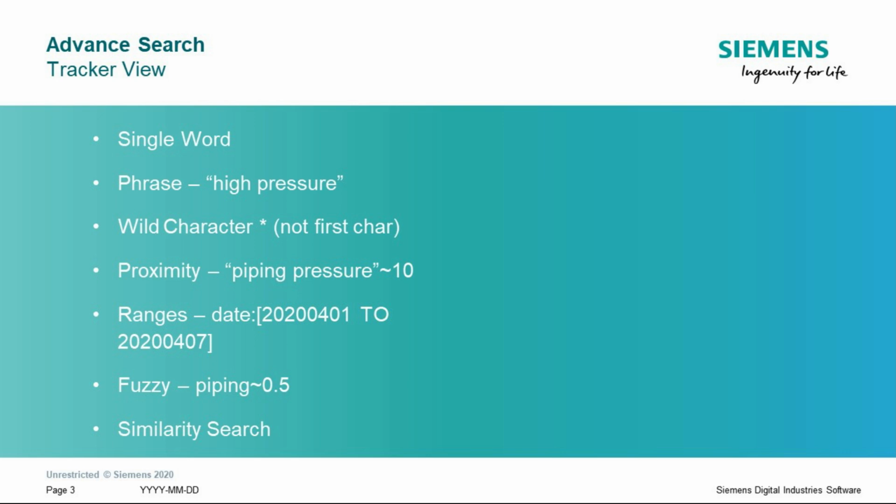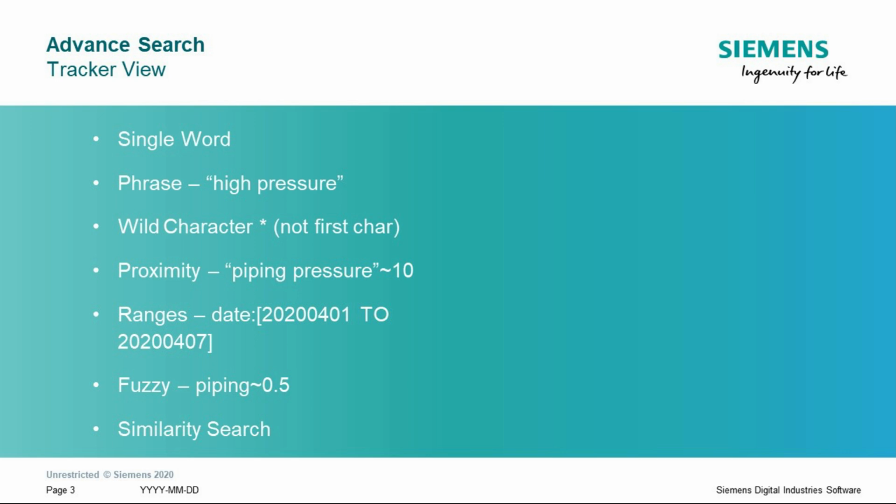This tilde tells me the level of exactness that I'm looking for. How focused do I want this search to be? 0.5 is actually the default. It goes from 0.2 to 0.9, where 0.9 is the most focused. So 0.2 would be the least focused, and 0.5 is the default.